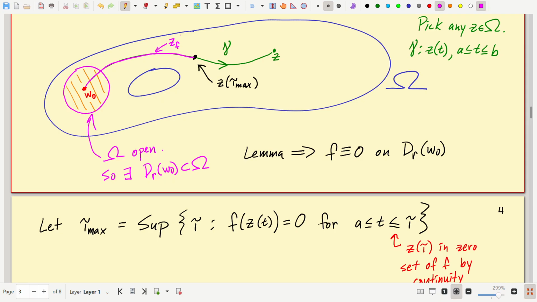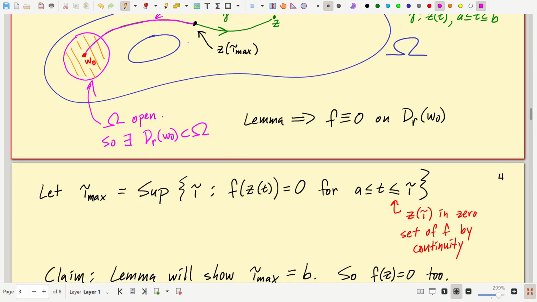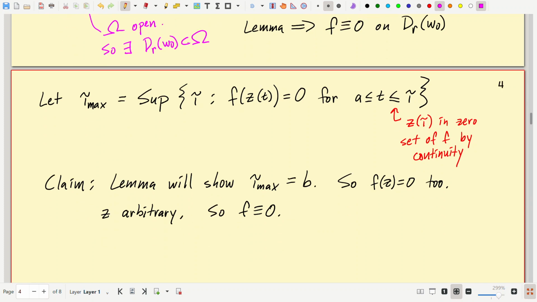So you see from the picture that the purple stuff is in the 0 set, and you see that the zeros of f pile up along the curve gamma at z of t max.